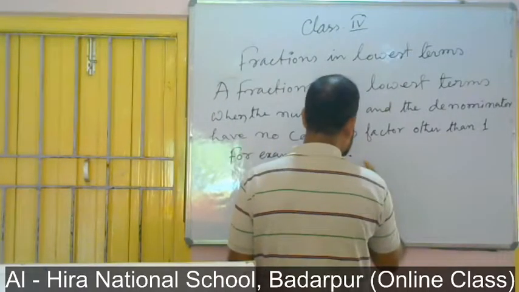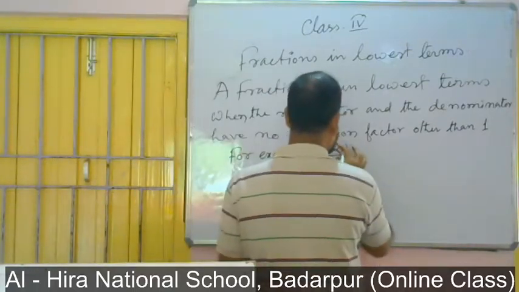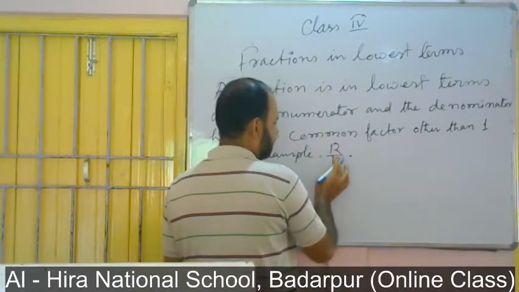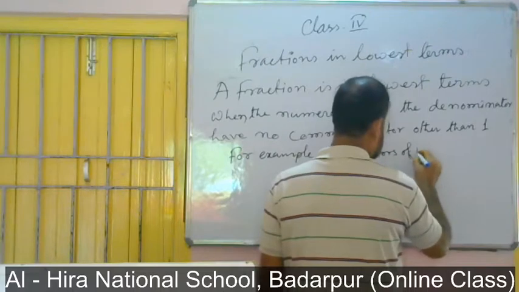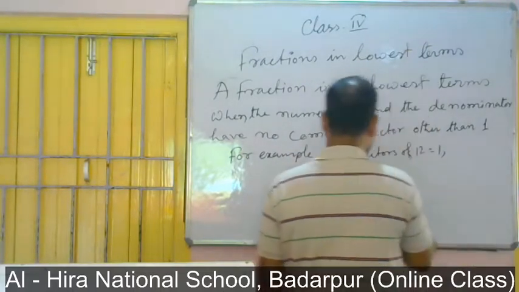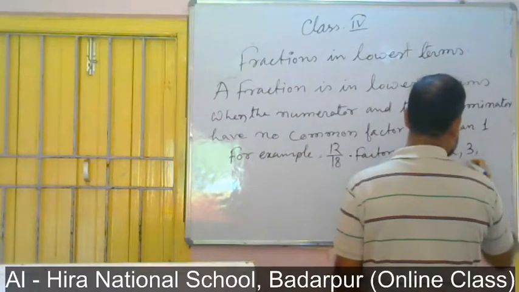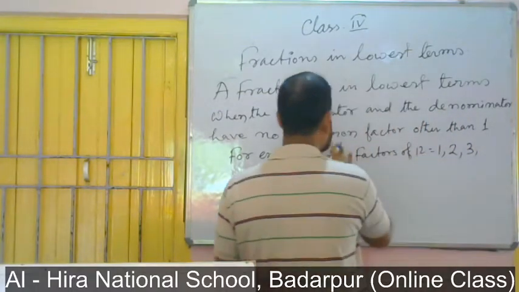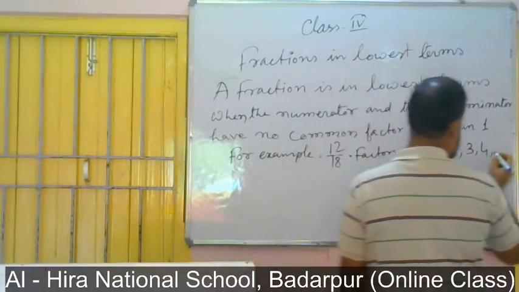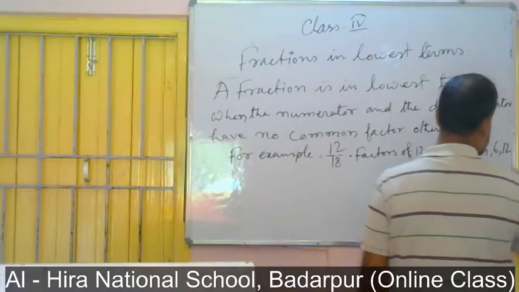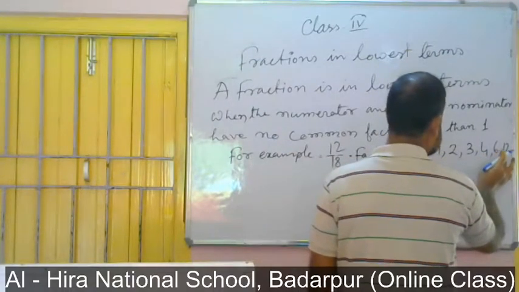First we take out the factors of the numerator and the factors of the denominator. 1 is a common factor. 2 sixes are 12, so 2 is a factor of 12. 3 fours are 12, so 3 is a factor of 12, and 4, 6 and 12 are factors too. So the factors of 12 are 1, 2, 3, 4, 6, 12.